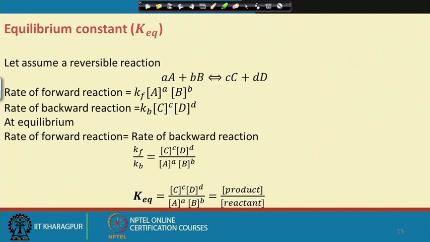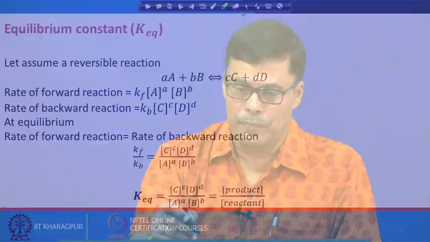Now, we can explain the reaction like this: A to P. Under equilibrium condition the rates of forward and backward reactions are the same. So, the equilibrium constant is equal to the concentration of product divided by the concentration of reactant.